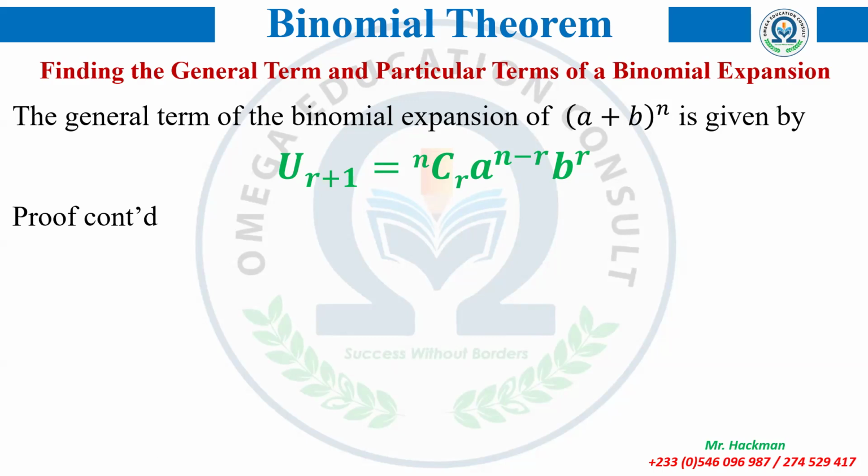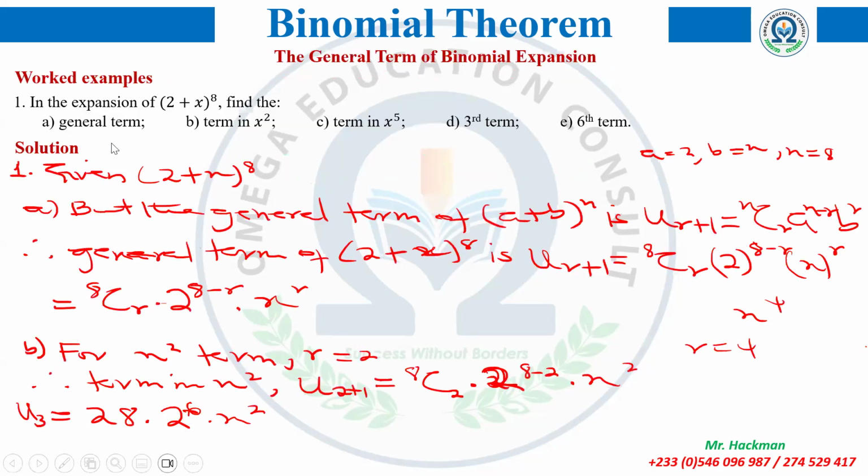If you are given this and asked to expand and give the general term, you cannot get it if you don't know the formula for how to generate it. But for part B up to E, you can salvage some marks there.